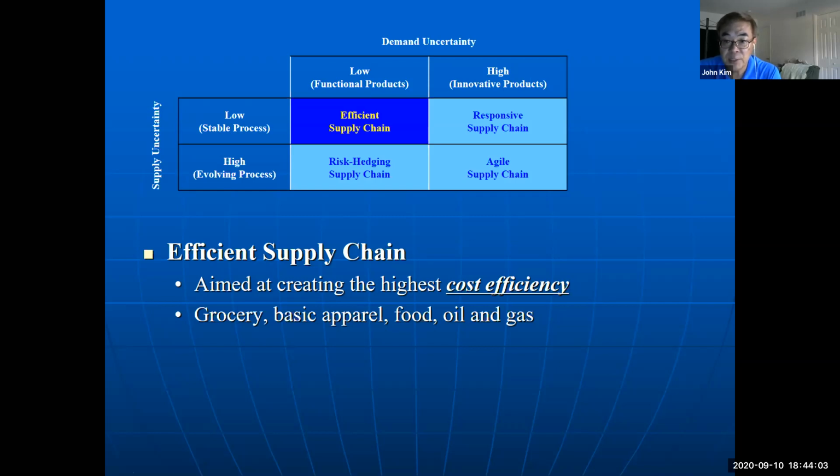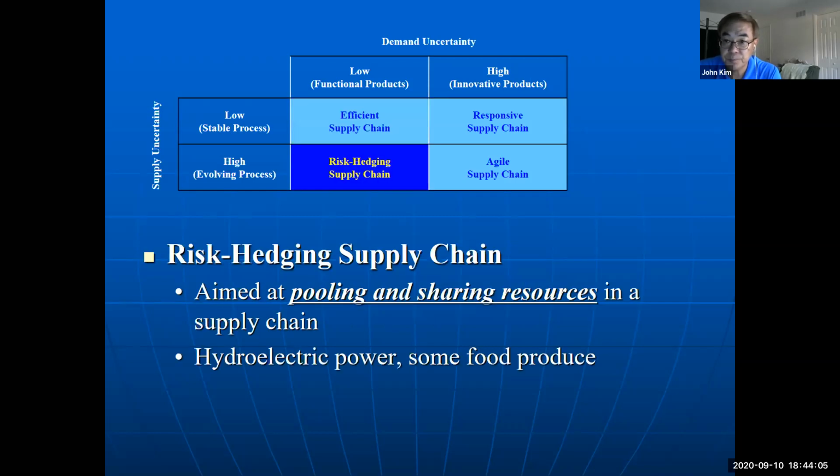And next dimension, such as hydroelectric power, some food produce, they are depending on weather.